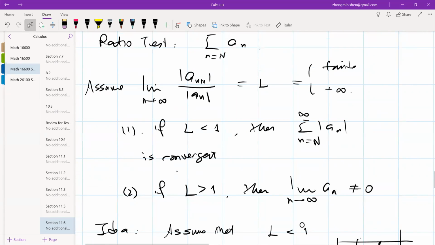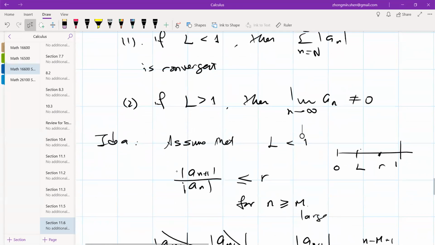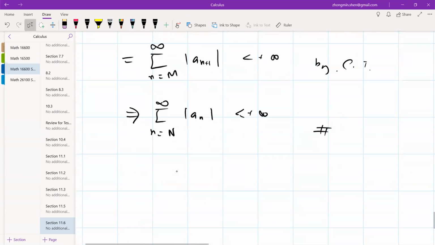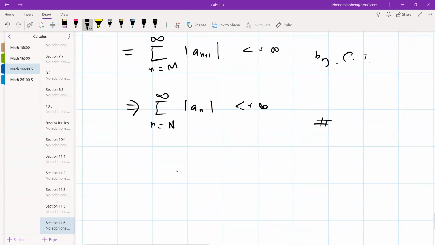If L is greater than 1, that means it's really very large. The next term is larger than the previous term. When L is greater than 1, a_{n+1} is larger than a_n, the previous term. That's why it never decays, so you cannot get 0. Okay, that's all I needed to show you.